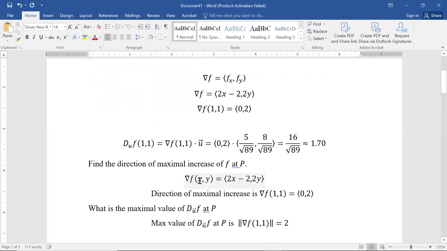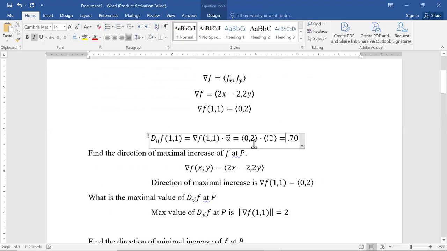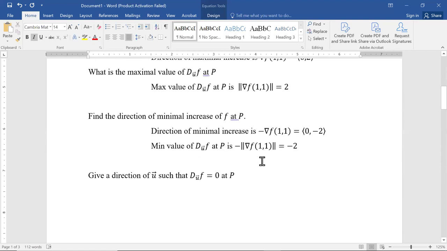If you think back, we're asking ourselves what dot product with the gradient is going to give us 0. And hopefully you remember how we can do that.